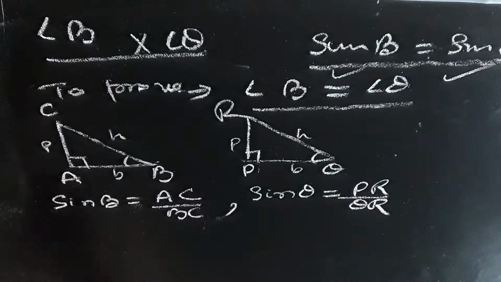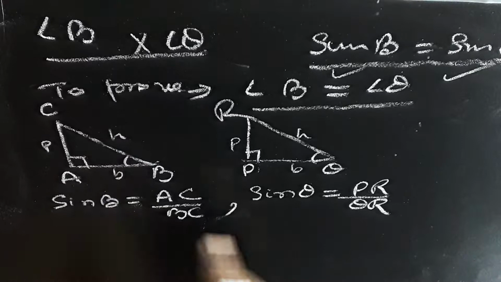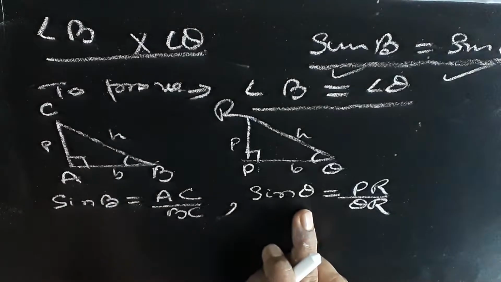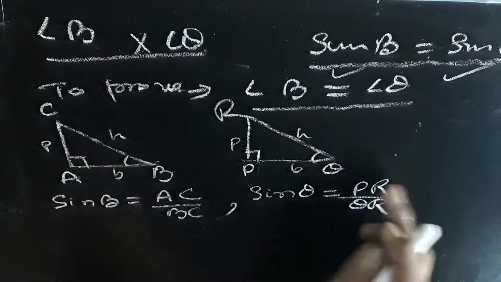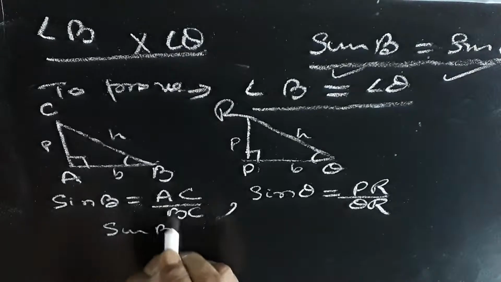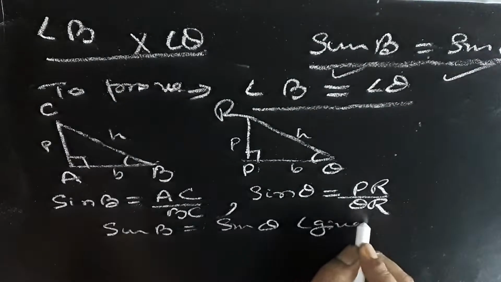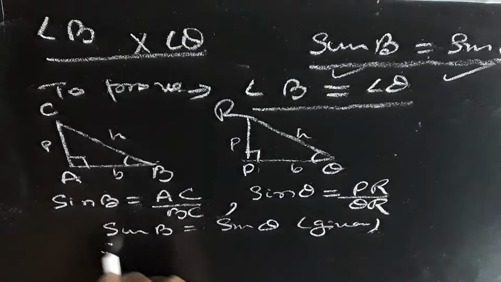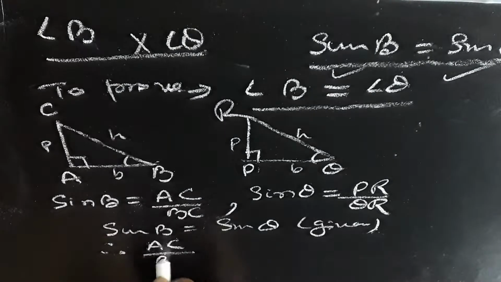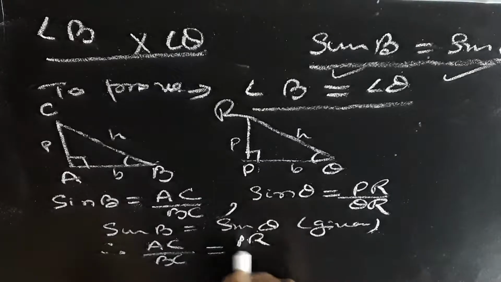Now it has been given that sin angle B is equal to sin angle Q. Therefore this will become equal to this, since sin B is equal to sin Q given. Therefore AC upon BC will be equal to PR upon QR.